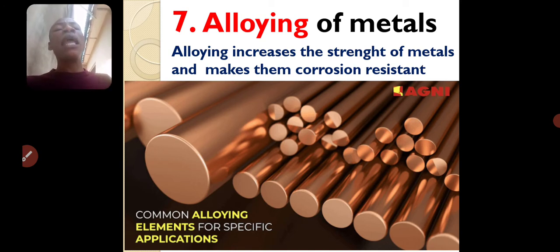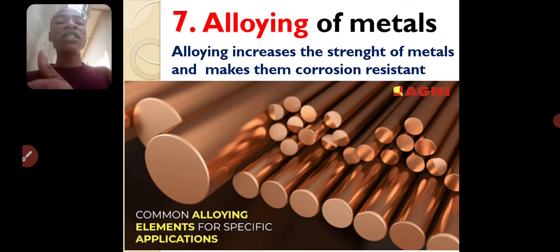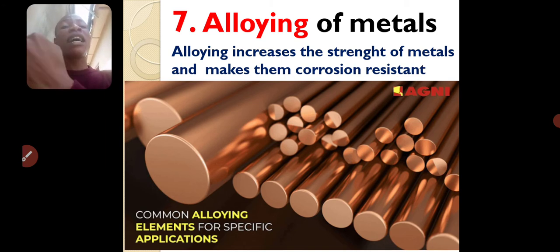You can use a metal that is more reactive to protect another metal that is less reactive, so that when you expose them to a corrosion environment, it is the more reactive metal that will start corroding, leaving the less reactive ones. So if I want to protect iron, for example, I can attach blocks of magnesium. You know, magnesium is more reactive than iron.